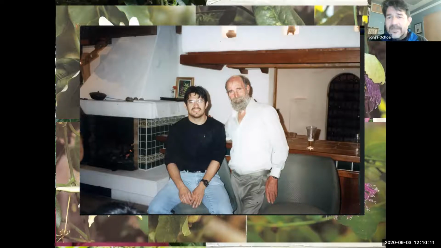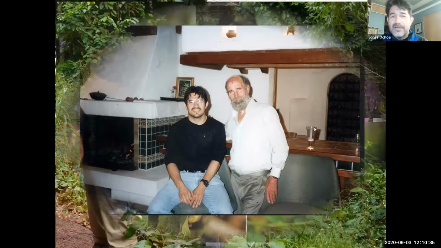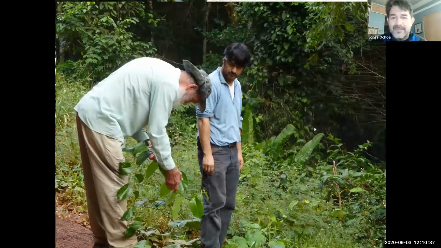And little by little, through finding seeds, finding plants wherever I could, my collection started to grow. And at some point, I also asked myself a question: wouldn't it be nice if one day I could go into the jungles with John Vanderplank to look for passion flowers? Which I have done many, many times.